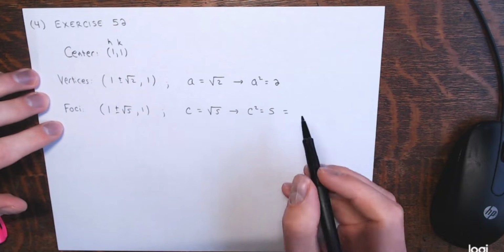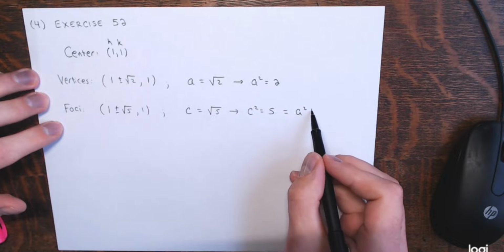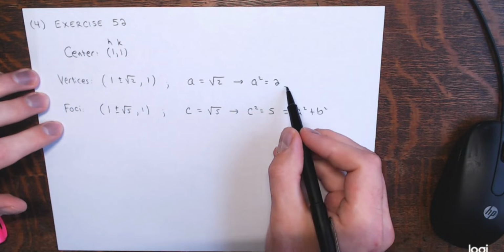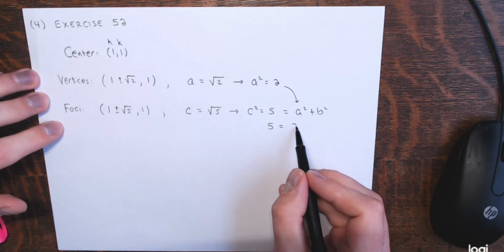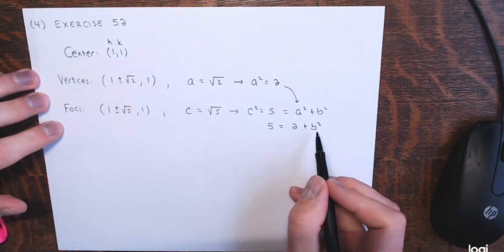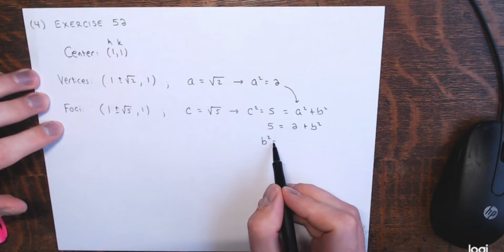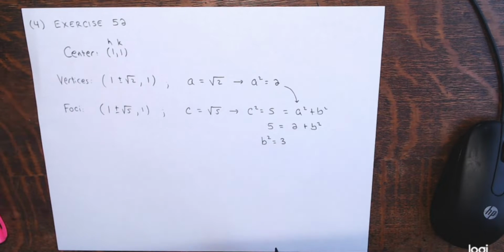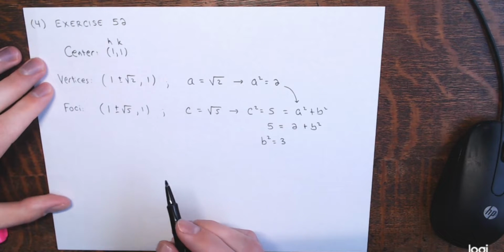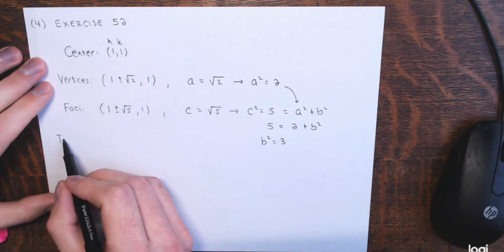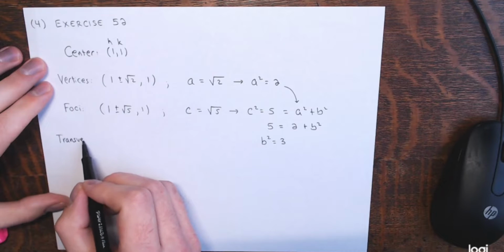So this is a squared plus b squared. And we know that a squared is 2. See, this is no different than earlier examples. So b squared must be equal to 3. And that's all. And then b would be the square root of 3, but I'm not going to draw that. We're just writing the equation. And we saw the transverse axis is horizontal.